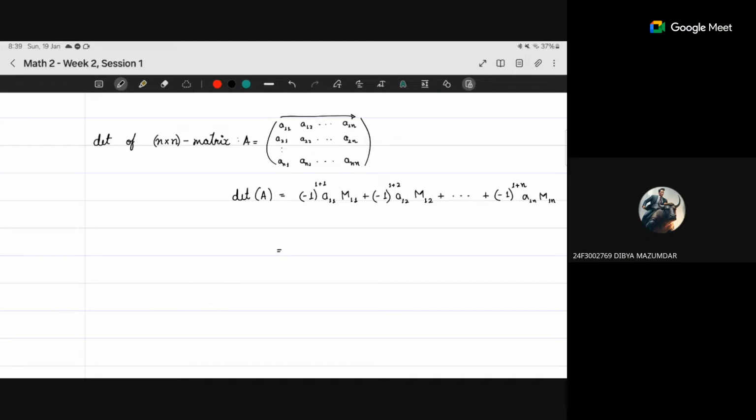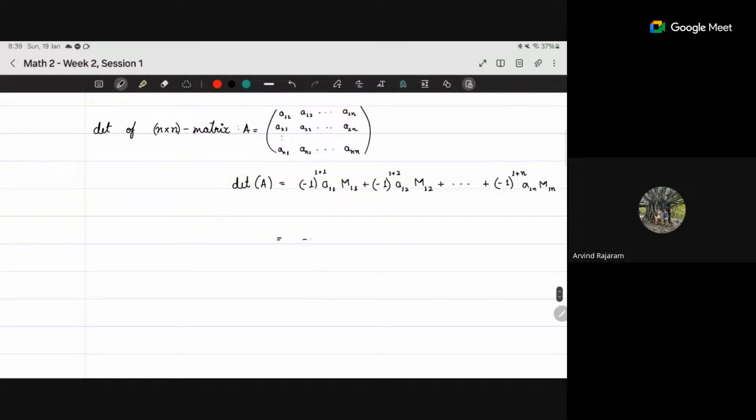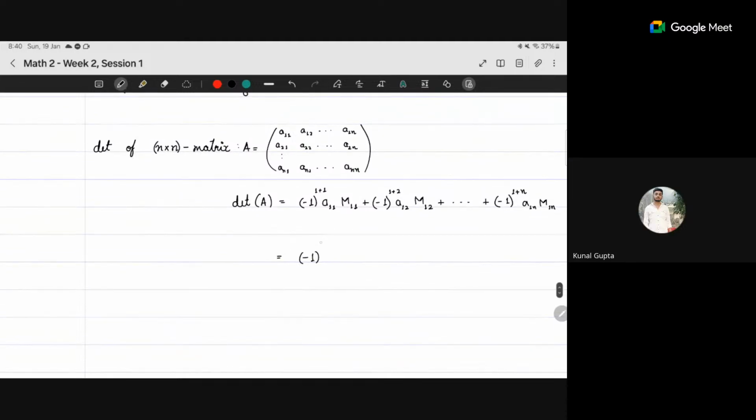But in any case, this is just a general method to compute the determinant, just for your information. You will never be asked to compute even 4 cross 4 as far as I know. I have seen 4 cross 4 once in one of the questions, but nothing beyond that. There is a basic 4 cross 4 question in the assignments. 4 cross 4 itself involves a lot of computations, and beyond that is not going to come.